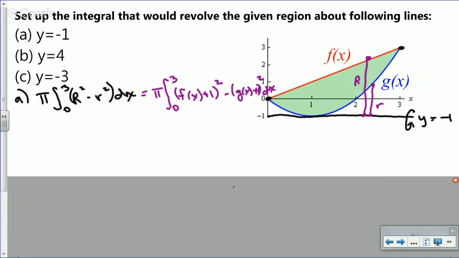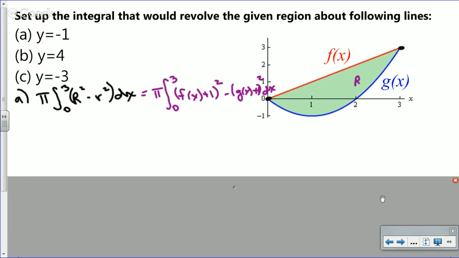Okay, let us try part B. So go ahead and erase what you added to your graph for this example.